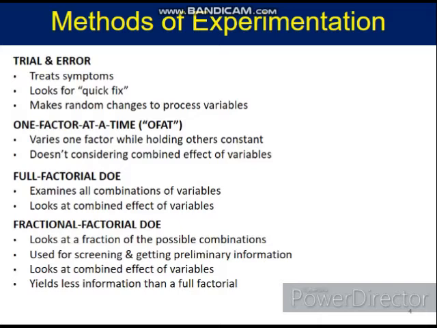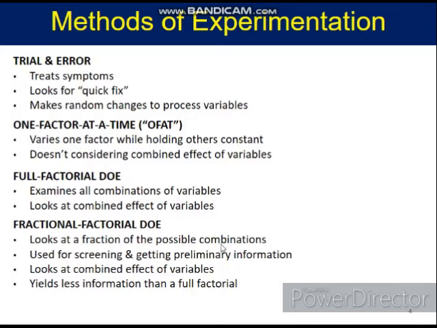But you might be missing the information about the interaction factors, the combined effect of variables. So a fractional factorial DOE will tell you which are the important parameters out of the seven, let's say, parameters that you run.